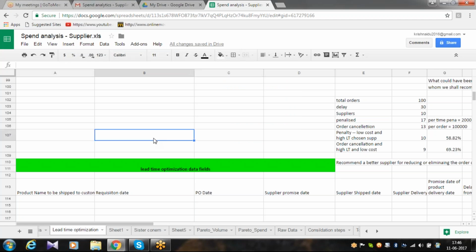Okay. So this is what you have to do. Then we can start doing a project on lead time optimization. Similarly, we have done one on cost. This is quite similar. So if you can do one project each, I think that will help you build your confidence.